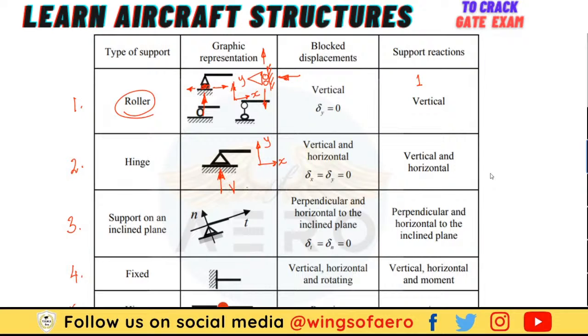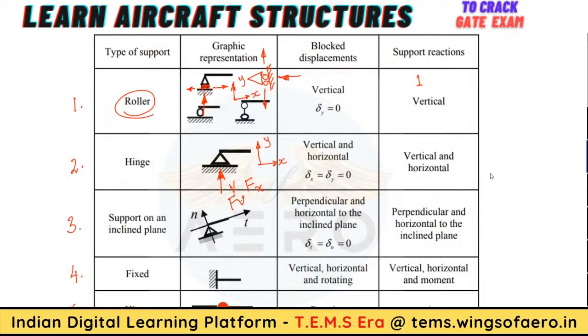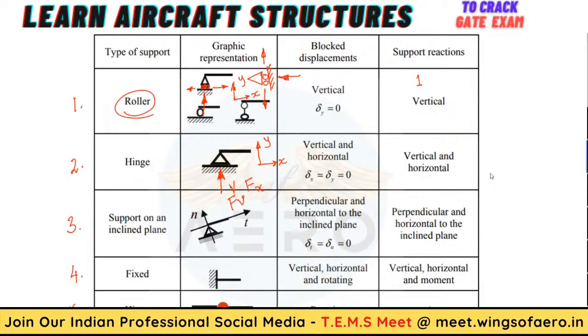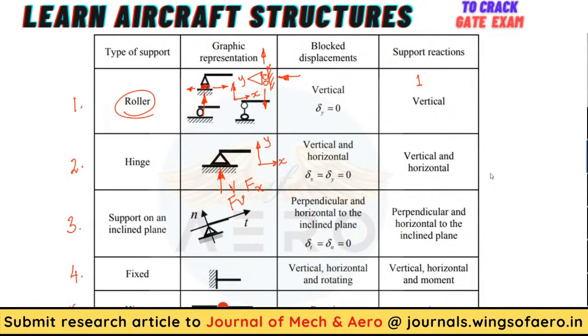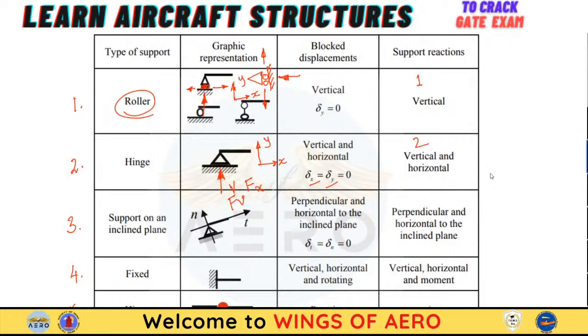In some textbooks, you can find them denoted by F suffix x, or vertical as V or F suffix v. You can represent them in various notations. But the main concept is the hinge. When it is hinged, it will have two support reactions. Since it has two support reactions, there will be no displacement either in the x direction or in the y direction.